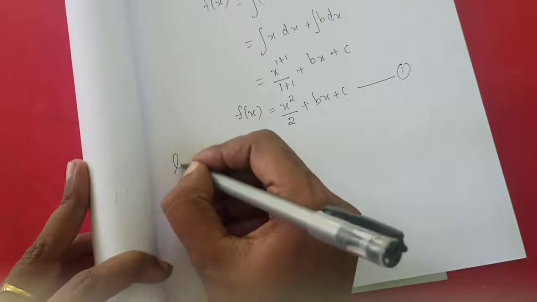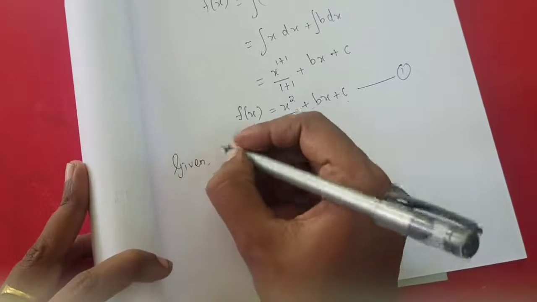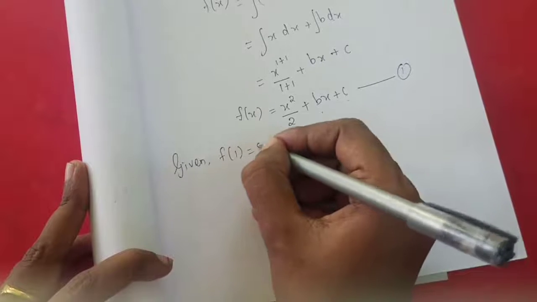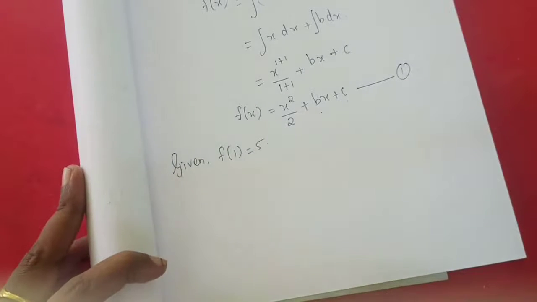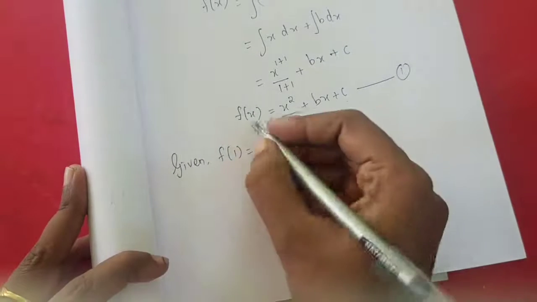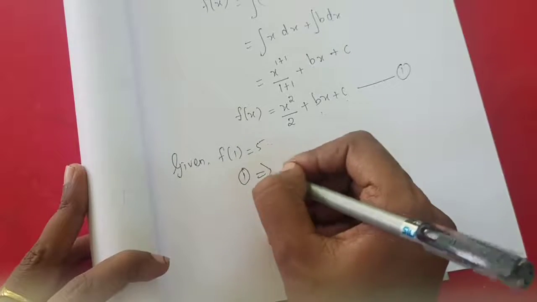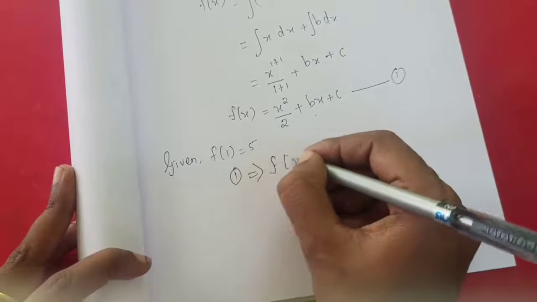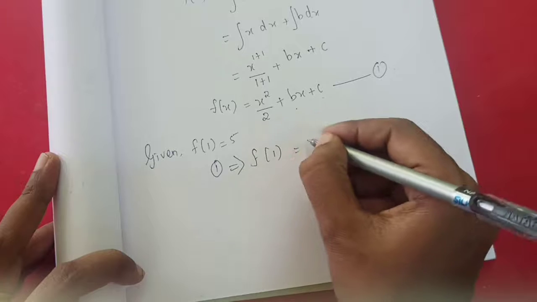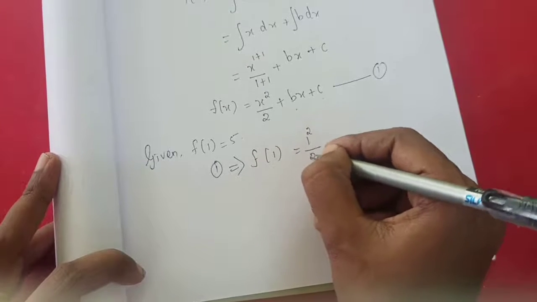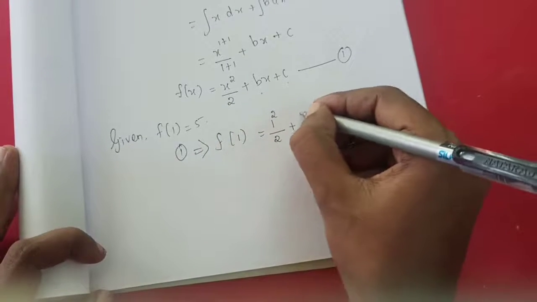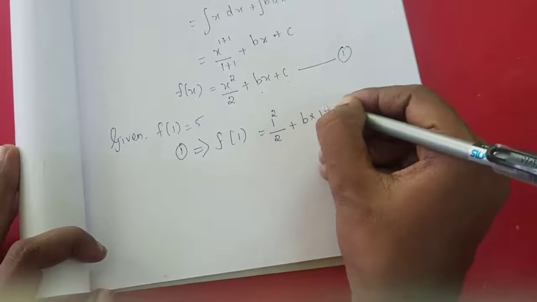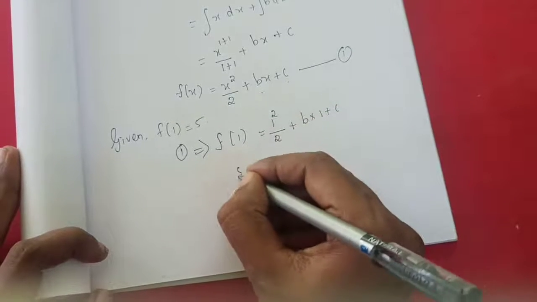It is given in your question f of 1 equal to 5. So we are going to substitute in equation number 1. F of 1 equal to, in the place of x as 1, that is 1 square by 2 plus b into 1 plus c. F of 1, the value is 5.